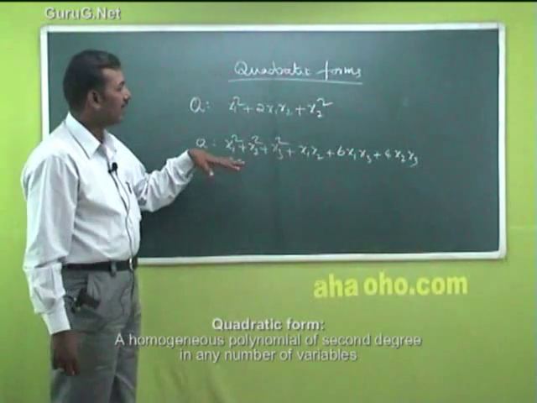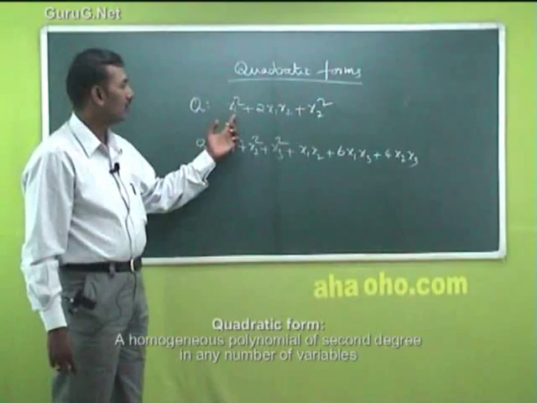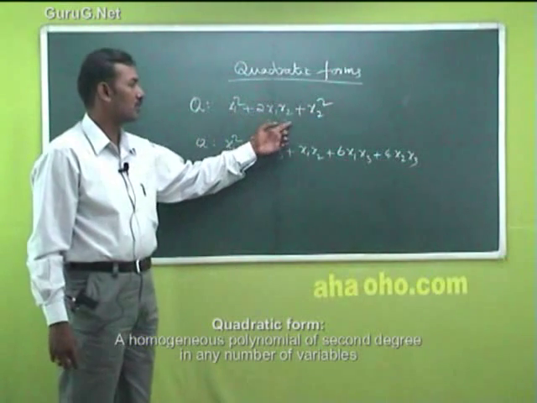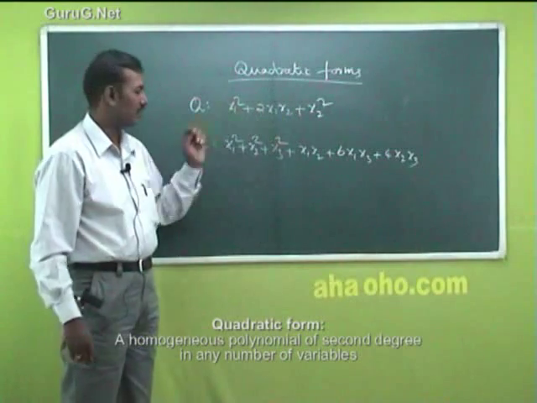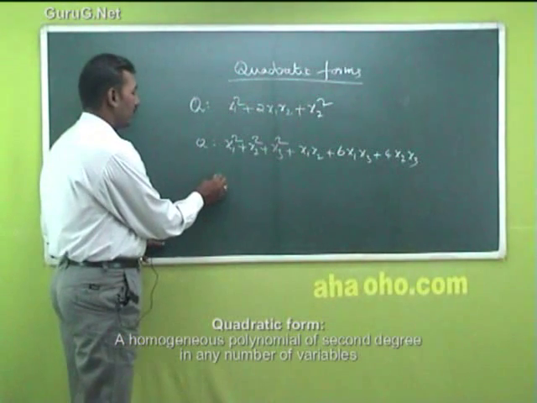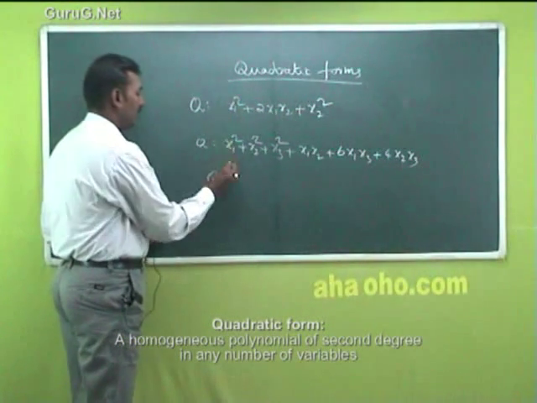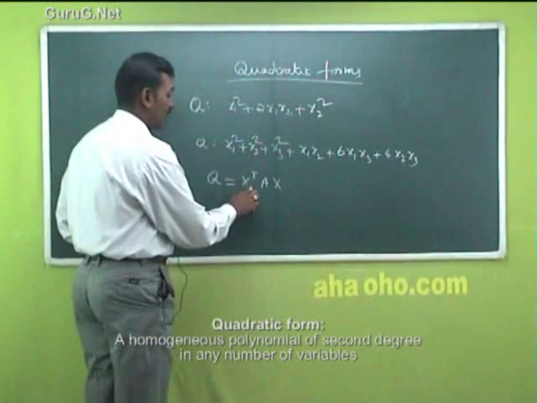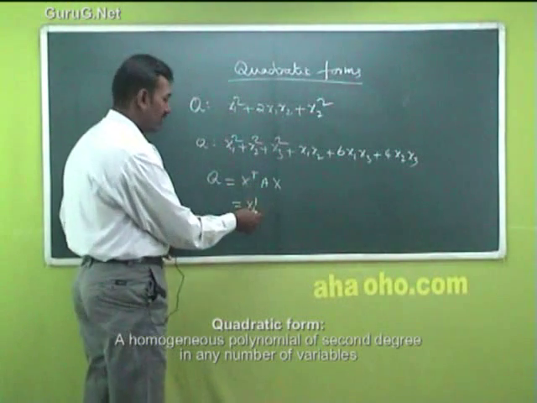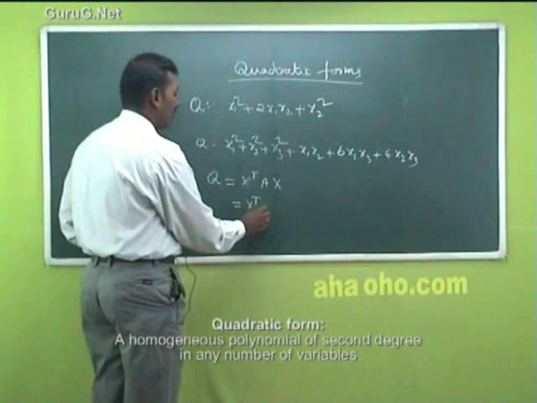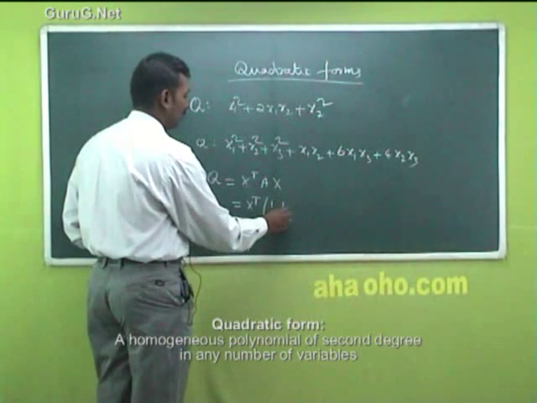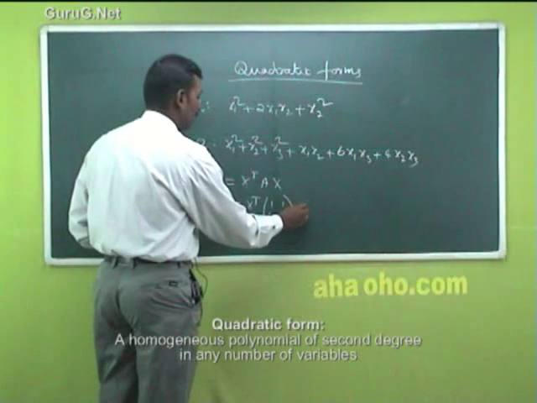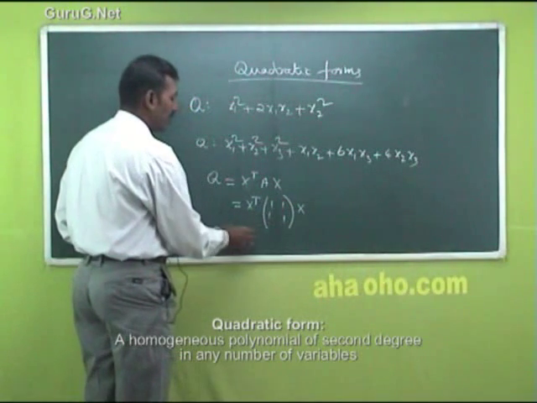Right? So can we write this in matrix form? x1 square plus 2x1 x2 plus x2 square. Can we write this as a quadratic form? Yes, we take this example, q equals. I can write it as x transpose A x, where A is [1 1; 1 1] and x is nothing but the two variables x1 x2.